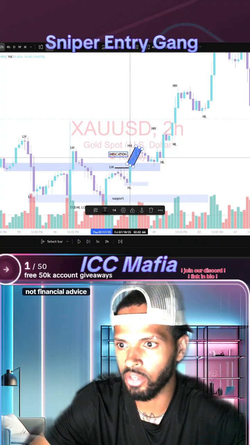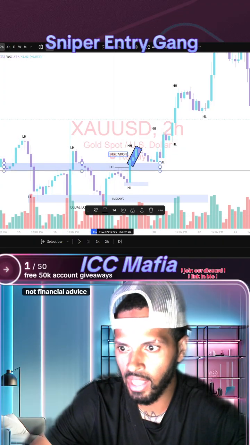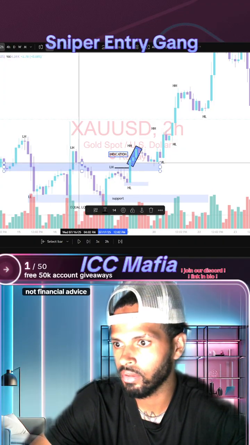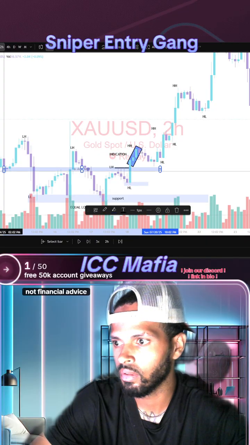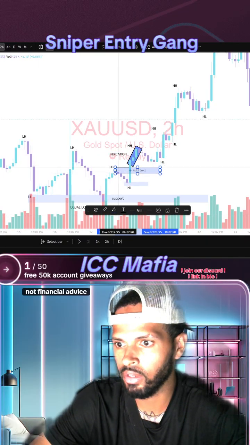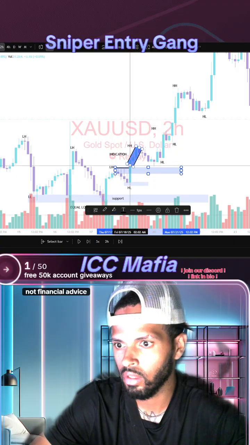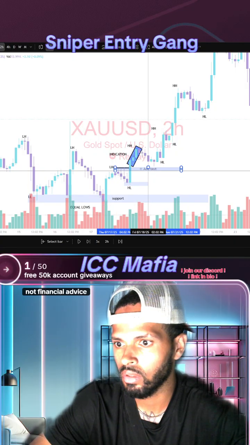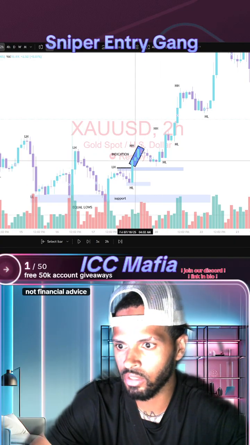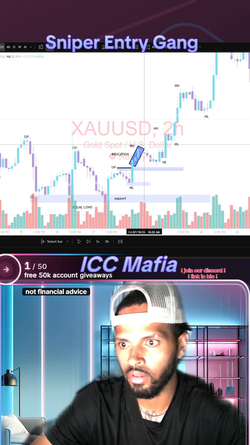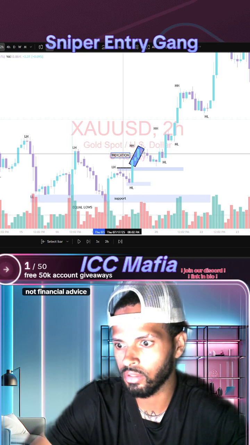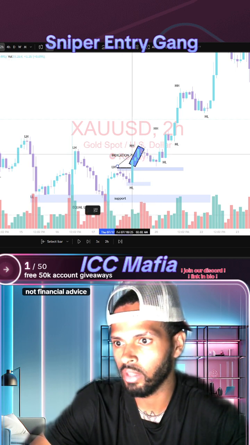Price gave us a new high above this higher high right here, above this high that I just marked. Price gave us an indication that we want to go higher. All right, so now this is our indication that price wants to go higher.